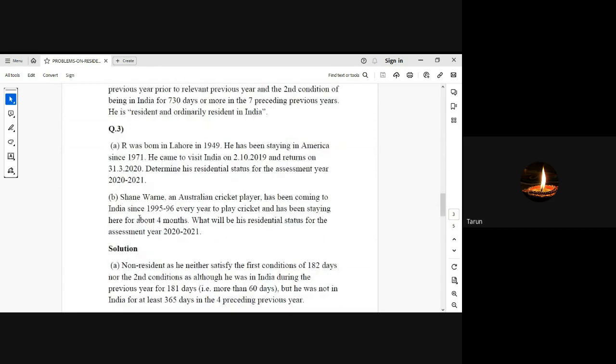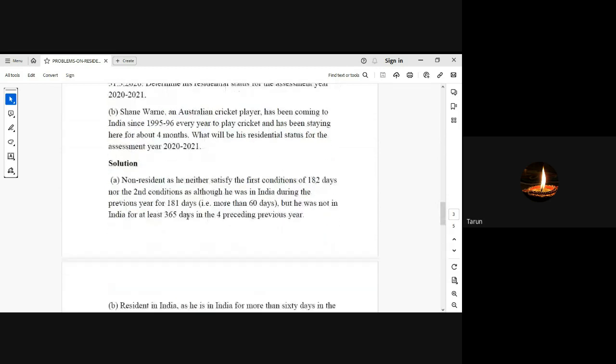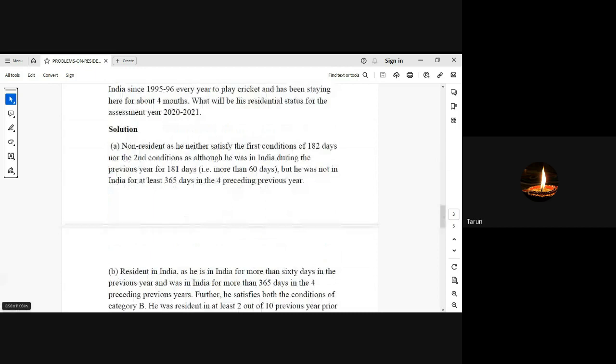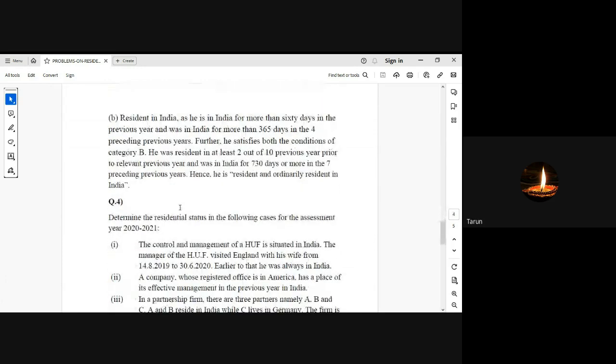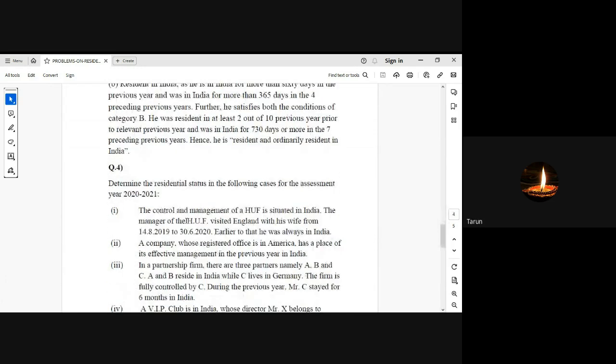Question number 3: these are the three categories with different scenarios of the questions, two parts, and accordingly you have to estimate the number of days and determine the residential status, whether he is a resident or not, according to the total number of days stayed in India. Right? Same in question number 4, determine the residential status related to the Hindu undivided family.